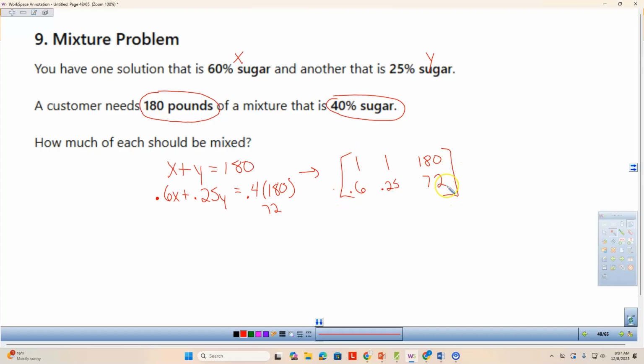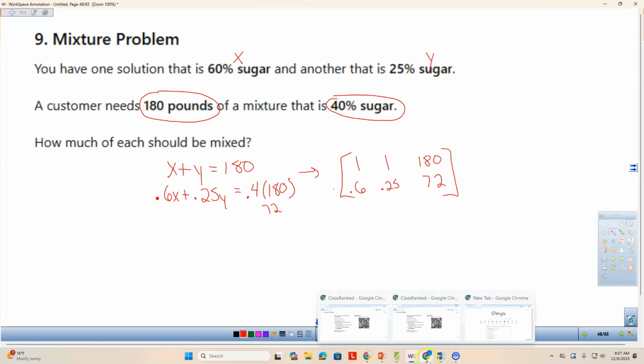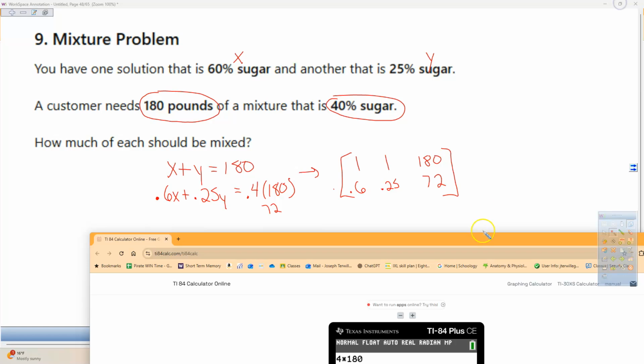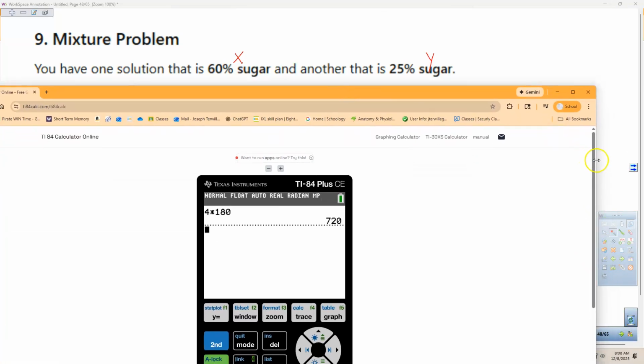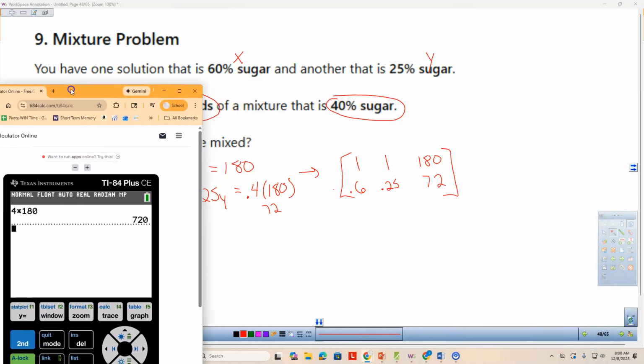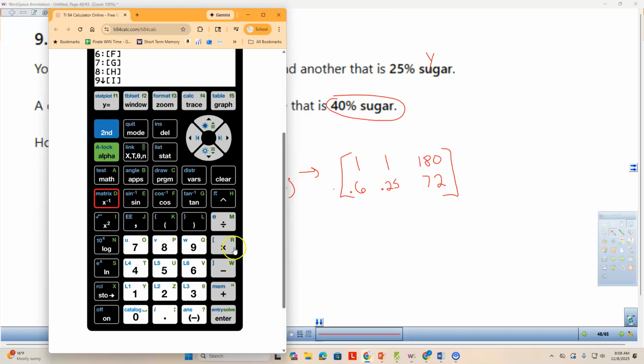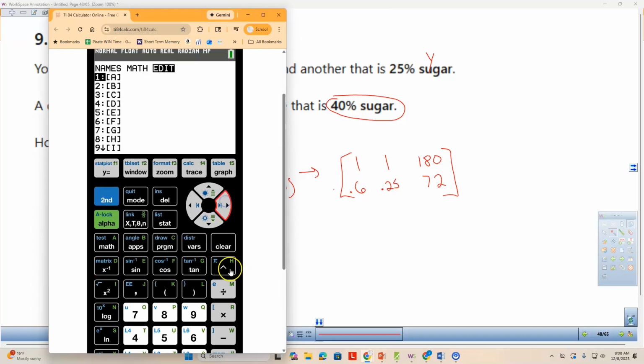Now, do you guys remember how to solve that beast on a calculator? If not, now's a good time to learn. Have your calculators at the ready. All right. Second matrix. Edit.